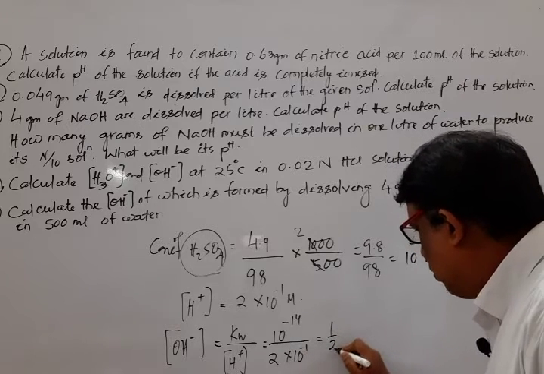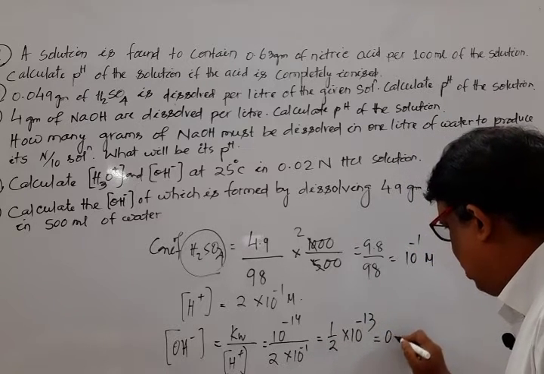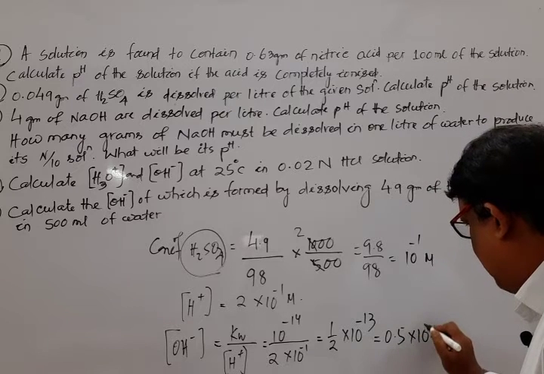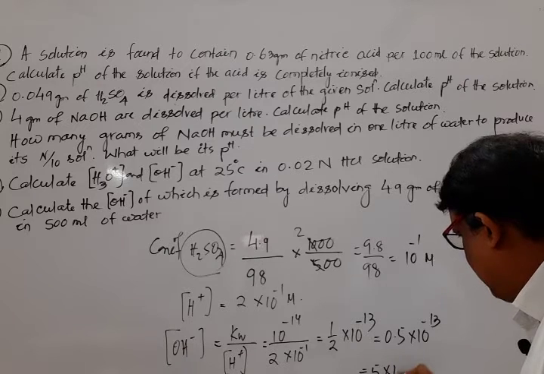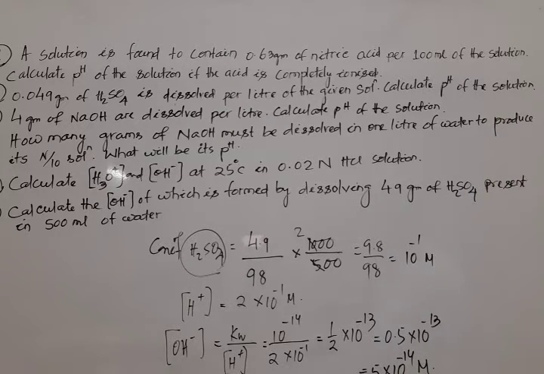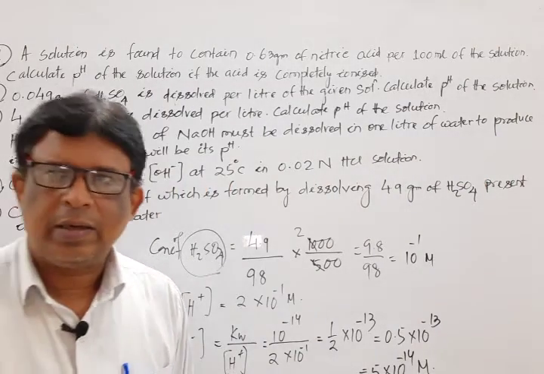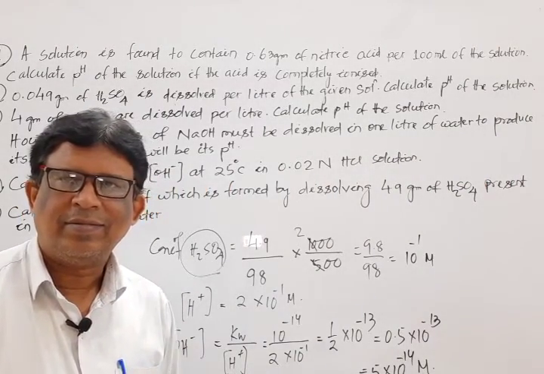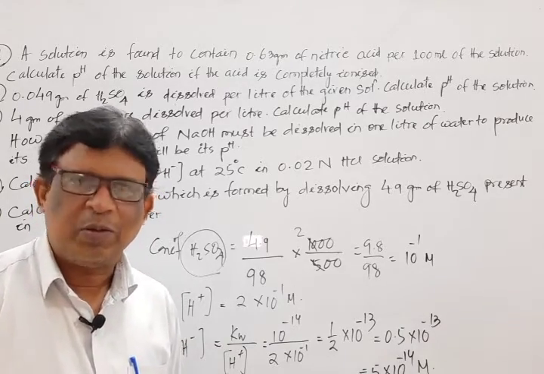That is 1 by 2 into 10 to the power minus 13. That is 0.5 into 10 to the power minus 13, or is equal to 5 into 10 to the power minus 14 M. This is the OH minus ion concentration of sulfuric acid. Okay, any doubt? No doubt. Good. Move to the next question.